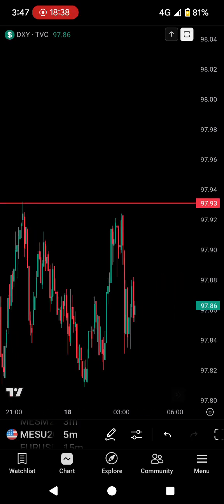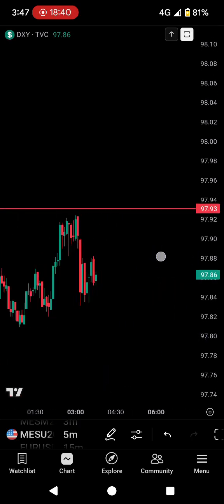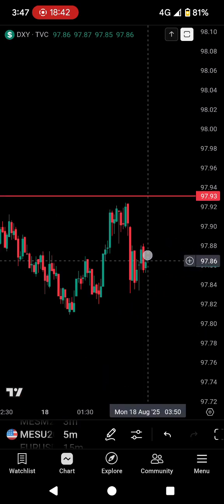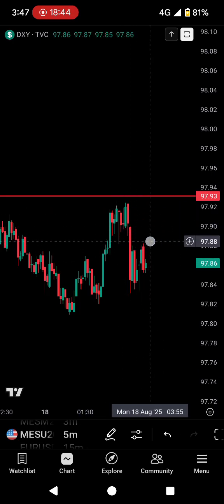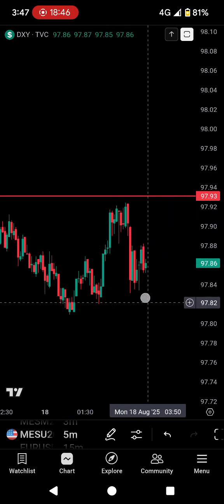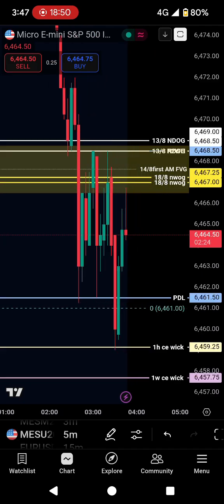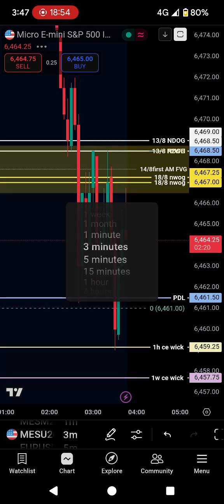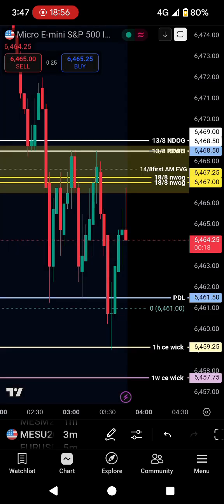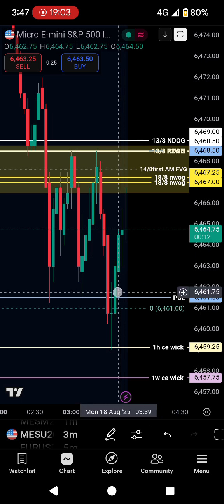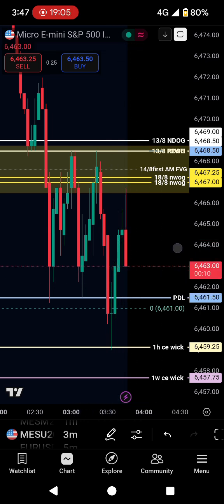So right now not really clear, but on the 1 minute we have displacement, fair value gap respecting it now. So look at the sell side here. Oh, this is balanced price range.